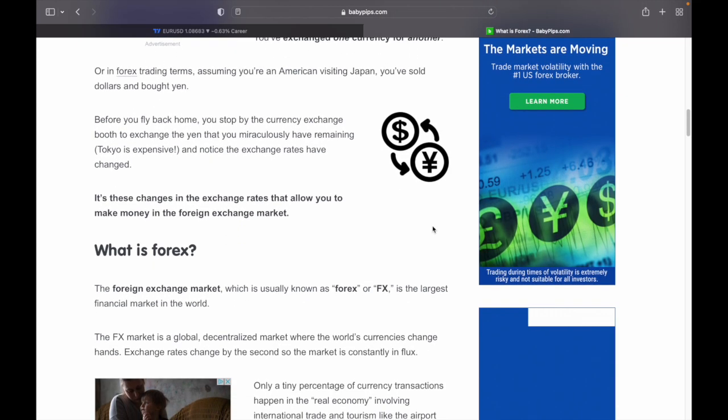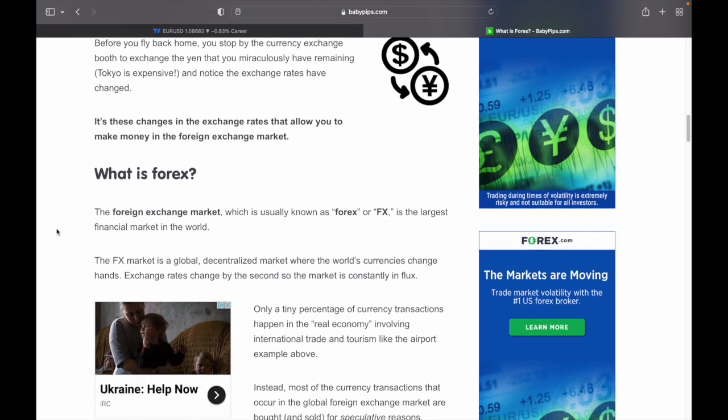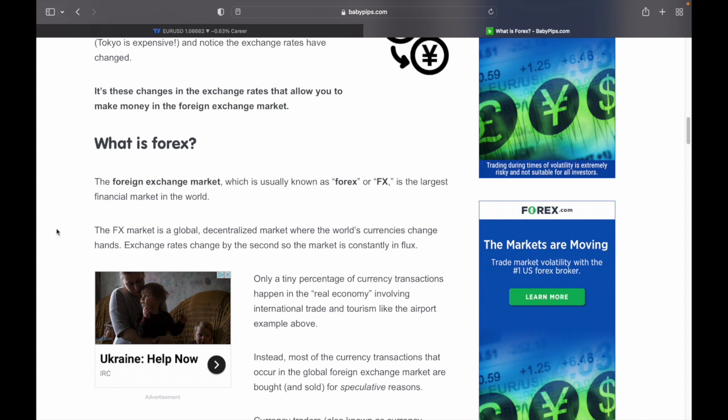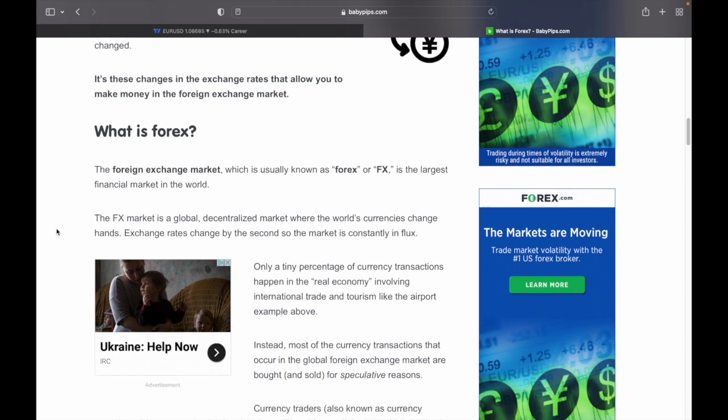So now moving on, what is Forex? The foreign exchange market, which is usually known as Forex or FX, is the world's largest financial market. The FX market is a global decentralized market where the world currencies change hands. Exchange rates change by the second, so the market is constantly in flux.